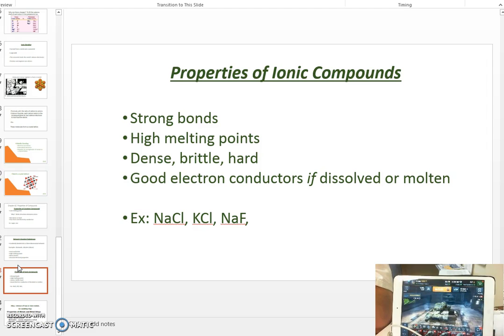If they're dissolved or molten, meaning melted, they're good electrical conductors, like NaCl, KCl, and NaF. All those are examples, ladies and gentlemen, of good conductors. They work out great when you have that.